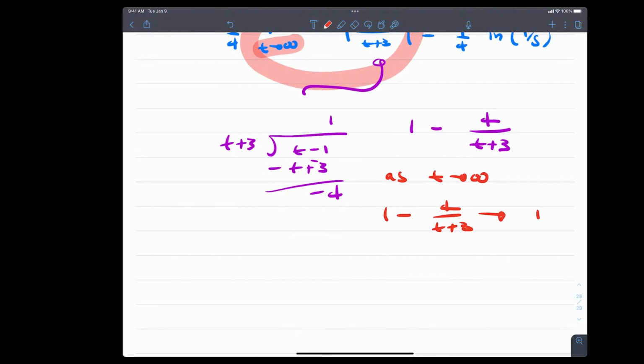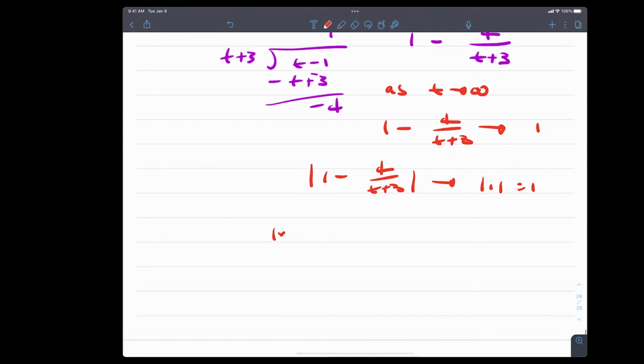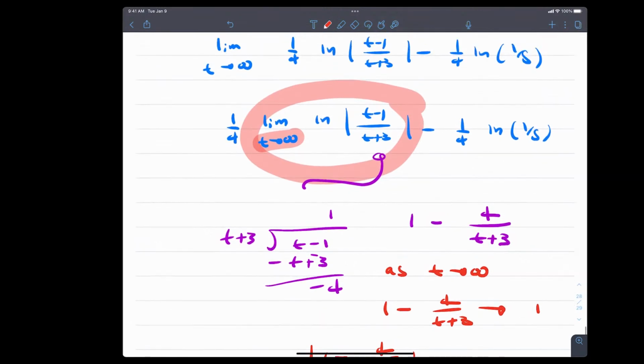So the absolute value goes to absolute value of 1, which is 1. Which means the natural log of the absolute value of 1 minus 4 over t plus 3 goes to the natural log of 1, which equals 0.